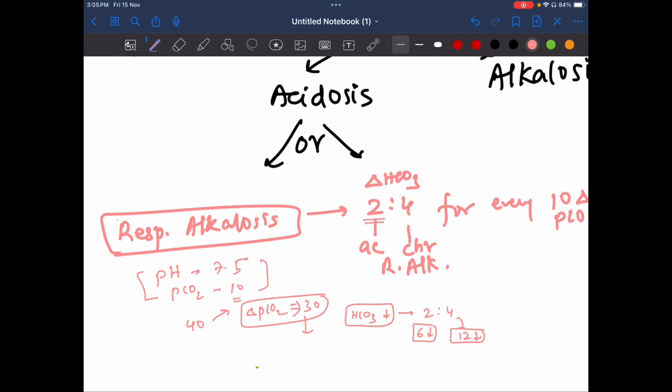So what is the normal bicarb? Normal bicarb is 24. 24 minus 6 is 18, and 24 minus 12 is 12. So the bicarb values would be 18 in fully compensated acute respiratory alkalosis, and 12 in fully compensated chronic respiratory alkalosis.